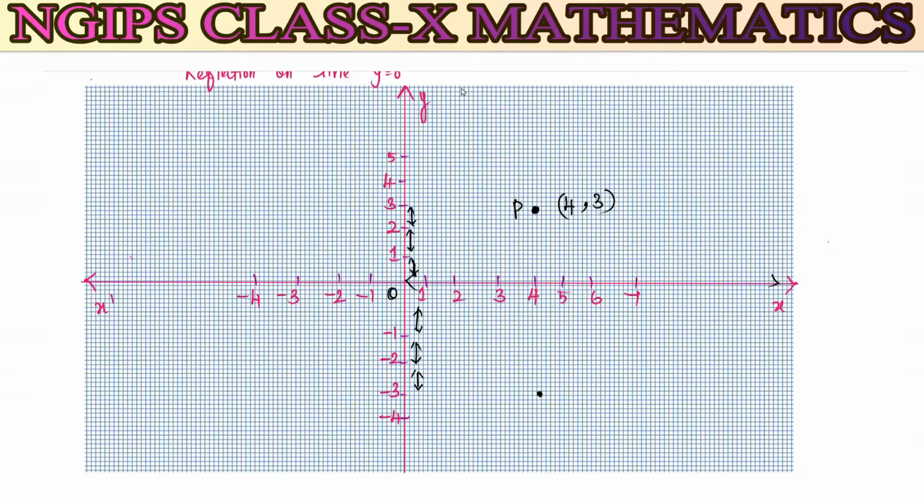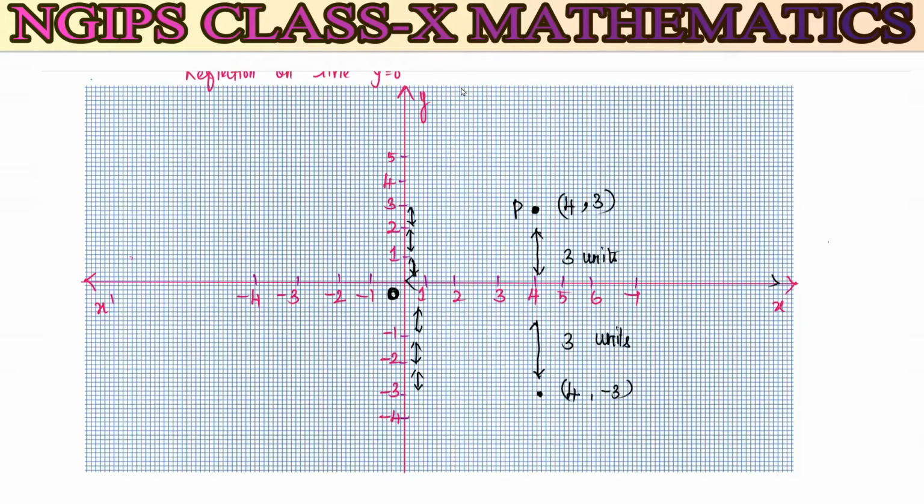This is 0. Now if you look at this, the point is 4, and here we have -3. So here also the distance is going to be 3 units, and here also the distance is going to be 3 units.